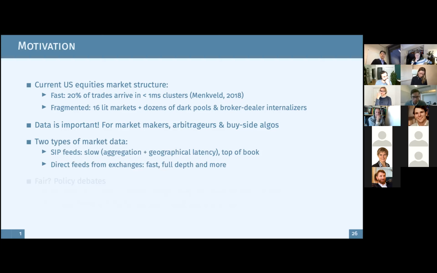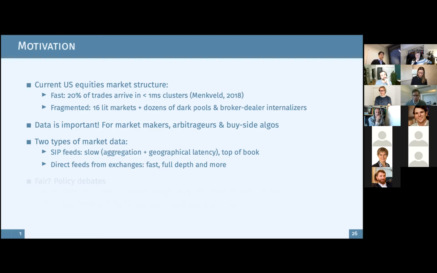SIP feeds are very slow, which comes from two different sources of latency. First, because the SIPs aggregate trades and quotes from all exchanges, it needs time to do the aggregation. There's also a second component called geographic latency, and we'll talk more about it in detail later. But for the exchanges, there are no such latencies, so direct feeds are faster than the SIP feeds.